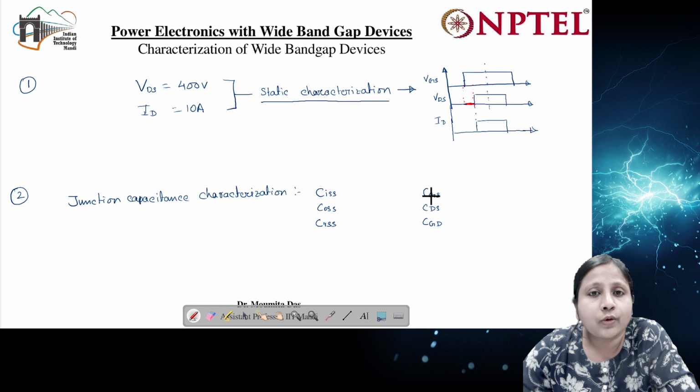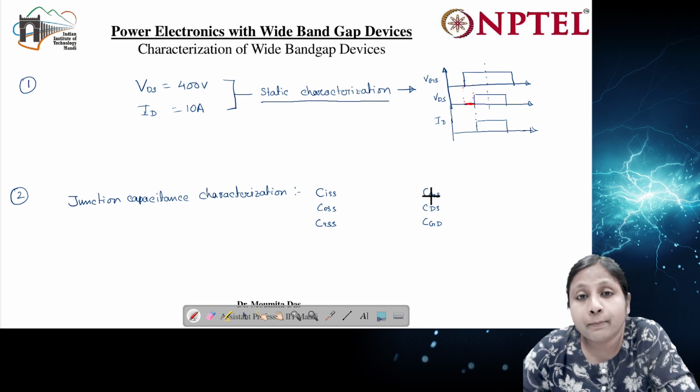In the datasheet that I showed you in the last class, some values are given for these capacitances, but those values are applicable considering the electrical parameters given for that particular test. If you are considering those parameters for your converter design, then choosing those capacitance values will be perfectly fine.